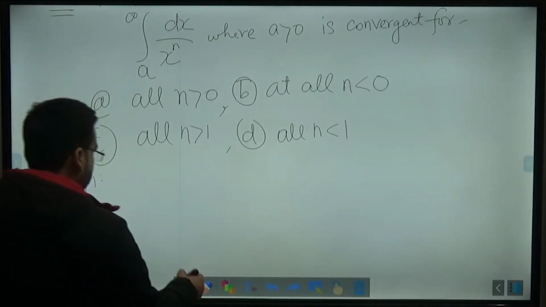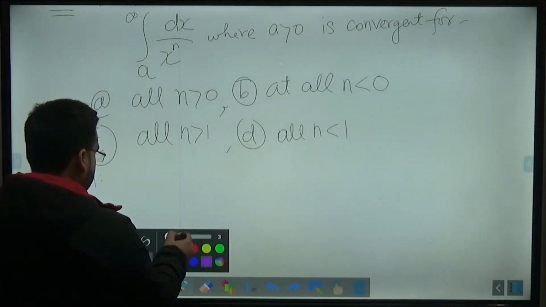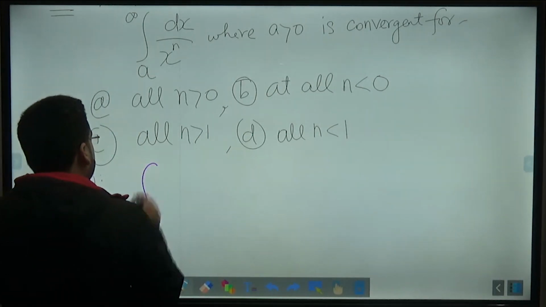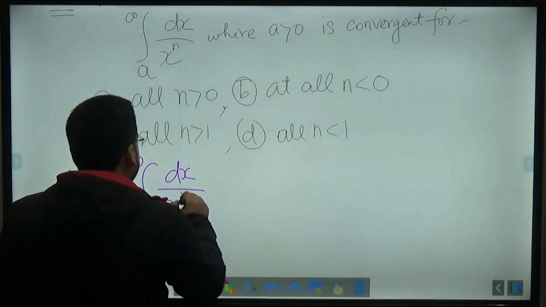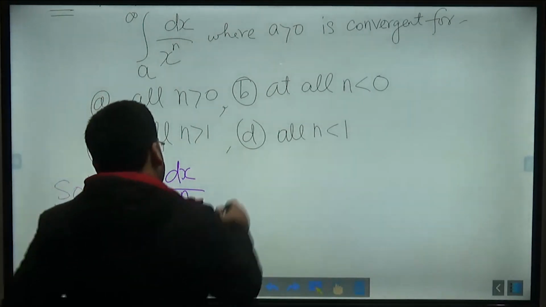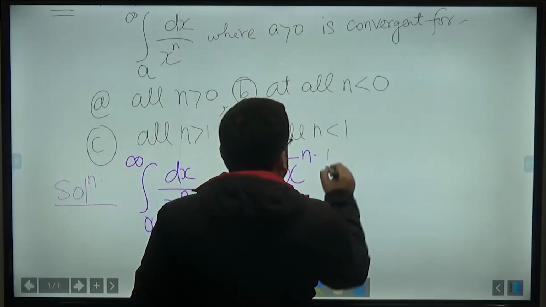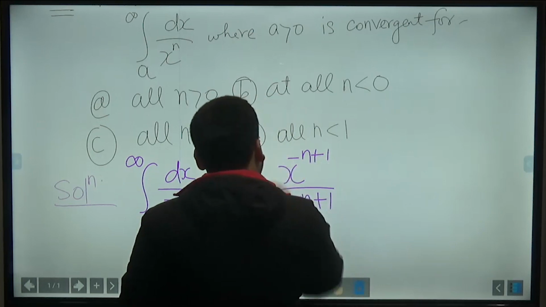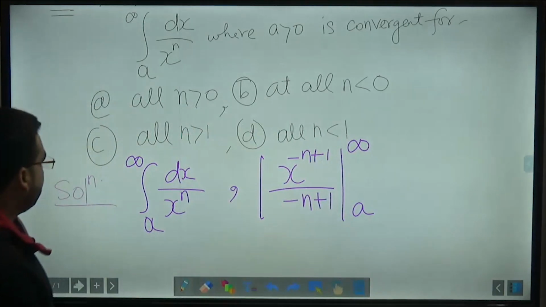Solution. So integration dx upon x raised to the power n, and a is greater than 1. This is a, the lower limit is a. It will be equal to x raised to the power minus n plus 1 divided by minus n plus 1, from a to infinity.